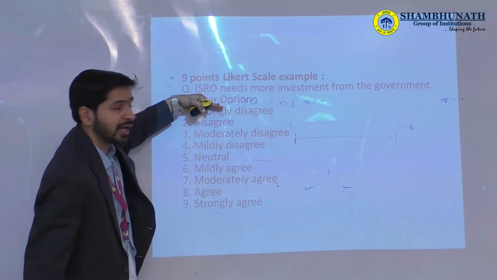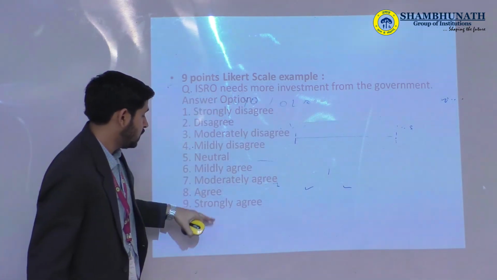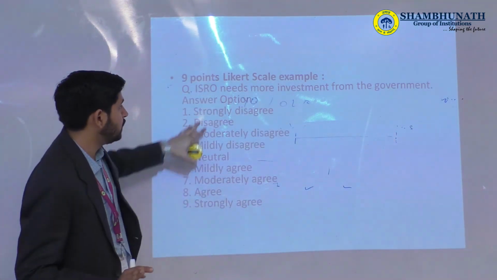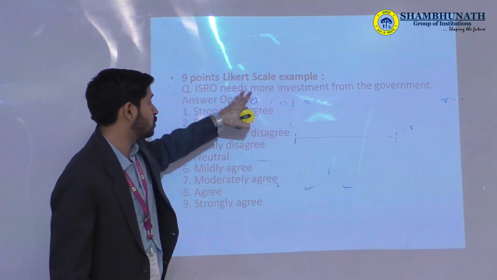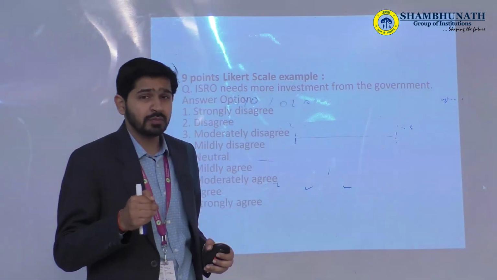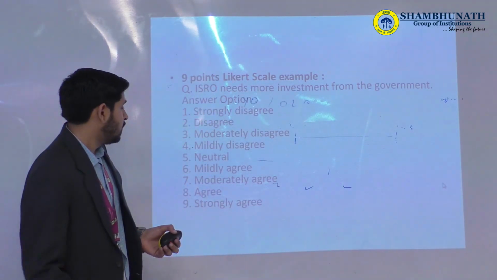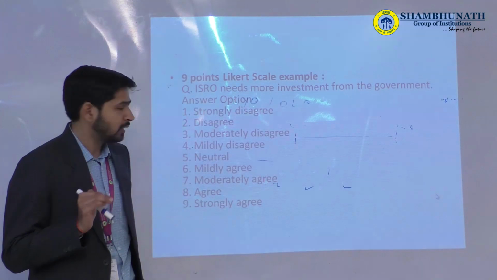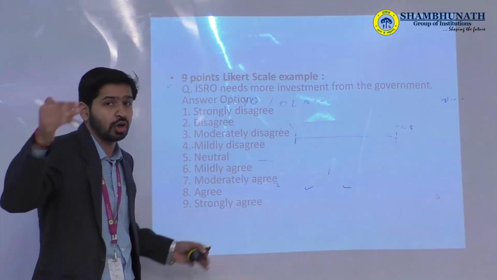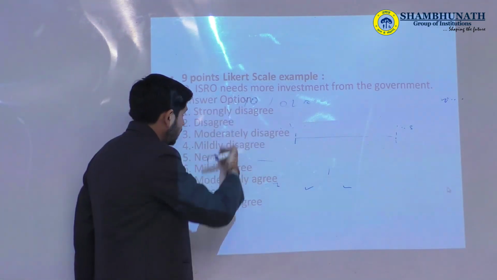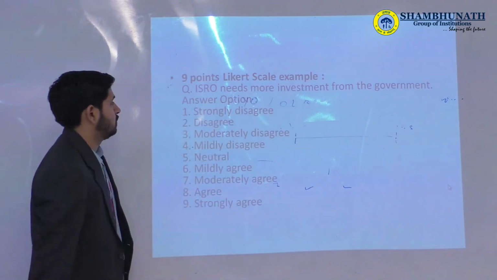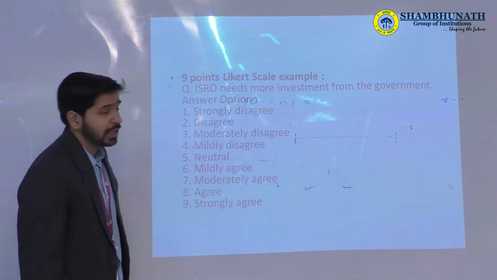Some people say they agree, which means they agree that ISRO needs more investment from the government. But some say they mildly agree, not compared to strongly agree. So this is the Likert scale example of 9 point.